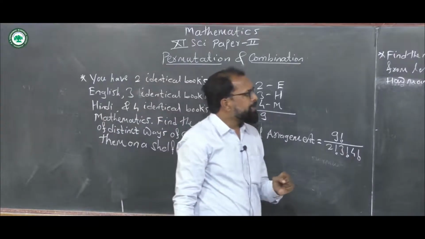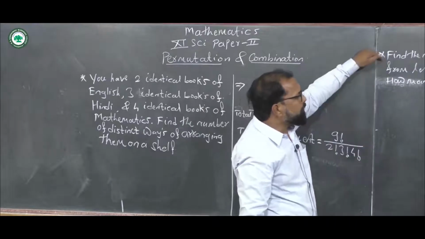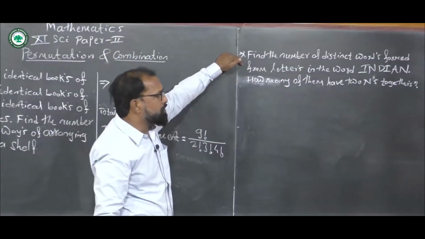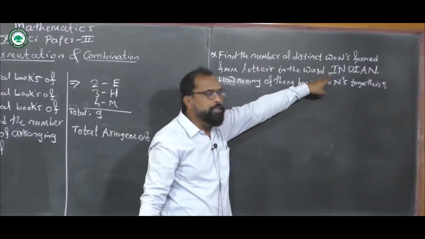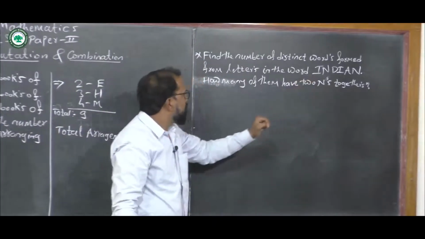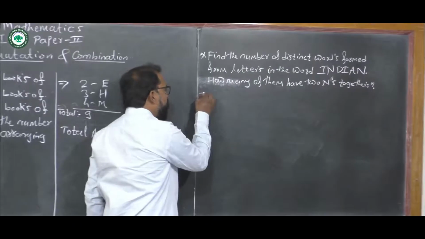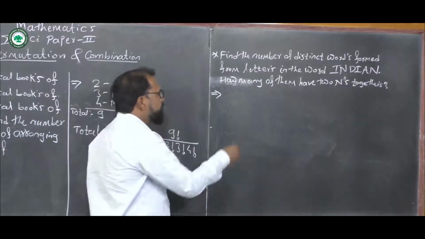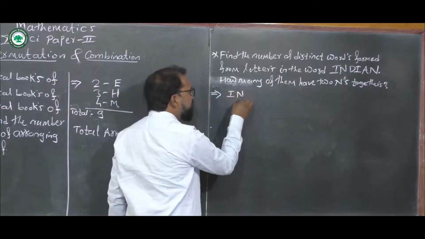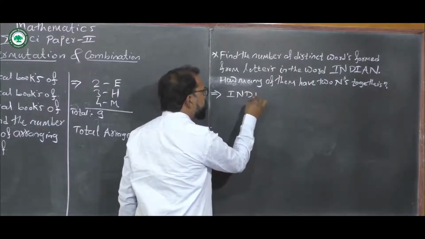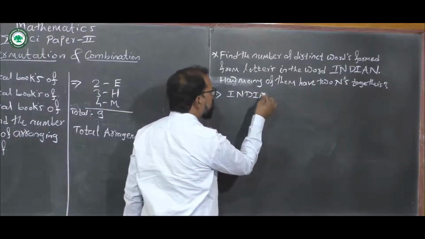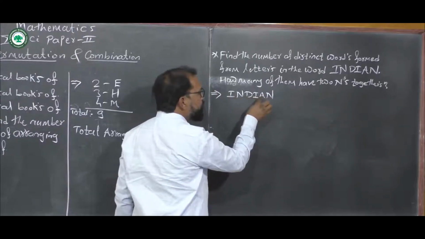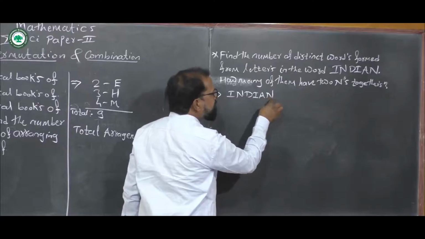Now the next example is find the number of distinct words from the letters of the word Indian. Now for the first part of this question, in the word Indian, there are 1, 2, 3, 4, 5 and 6 letters.